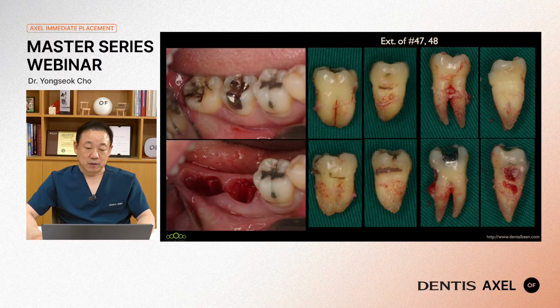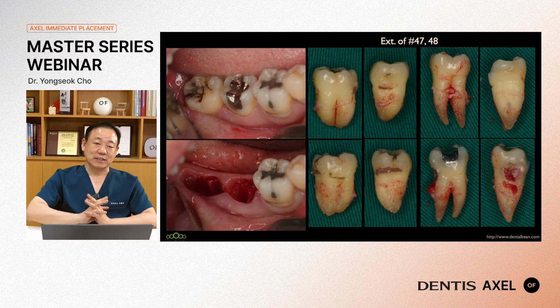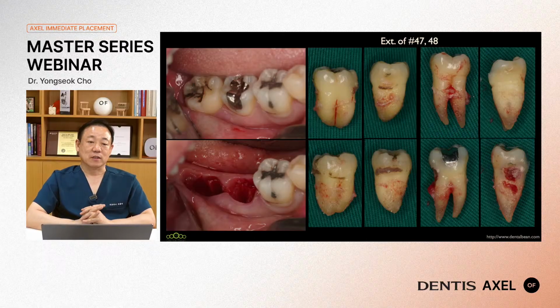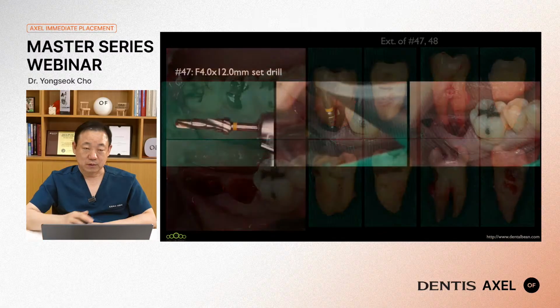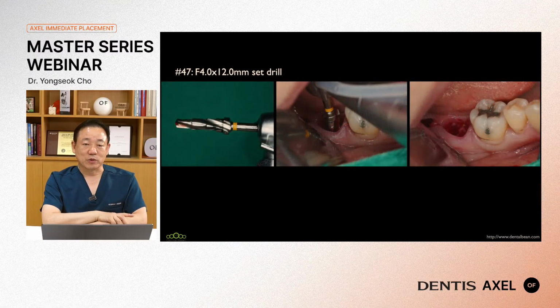Then I extracted the right second and third molars. Carefully prepped the osteotomy again, and the last drill was the 4.0 by 12 millimeter drill.